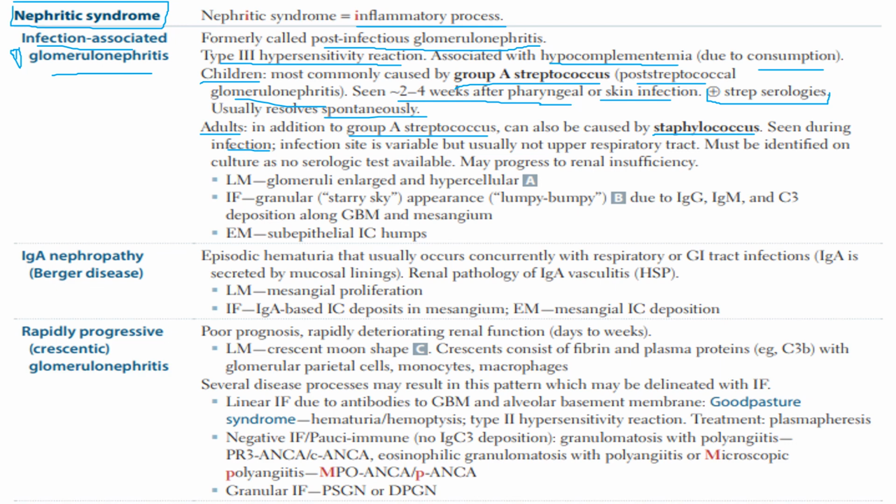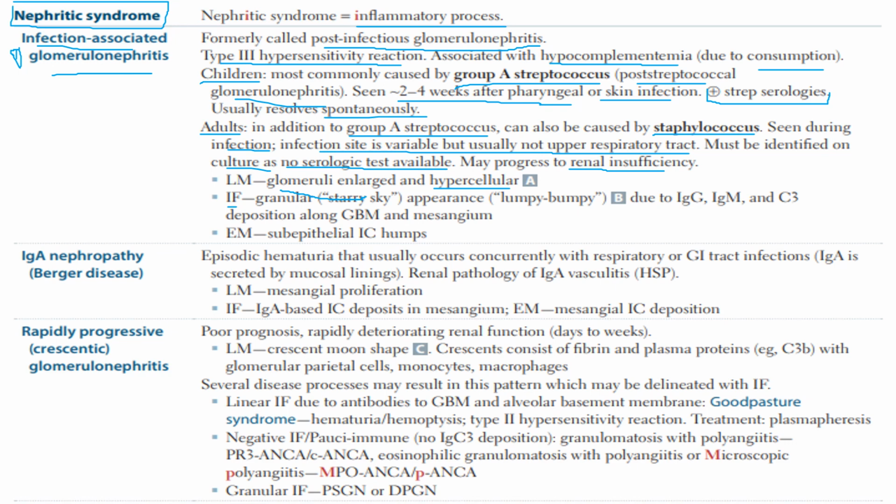Infection site is variable, but usually not the upper respiratory tract, and must be identified on culture, as no serological test is available. It may progress to renal insufficiency. On light microscopy, it shows glomeruli enlarged and hypercellular, as shown in diagram A in the next slide.